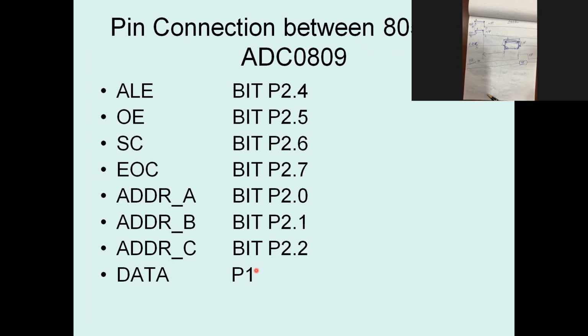Otherwise you are unable to understand the program. ALE connected with P2.4, OE connected with P2.5, SC means SOC connected with P2.6, EOC connected with P2.7, address A, B, C connected with P2.0, P2.1, P2.2, and data will be coming through port 1.